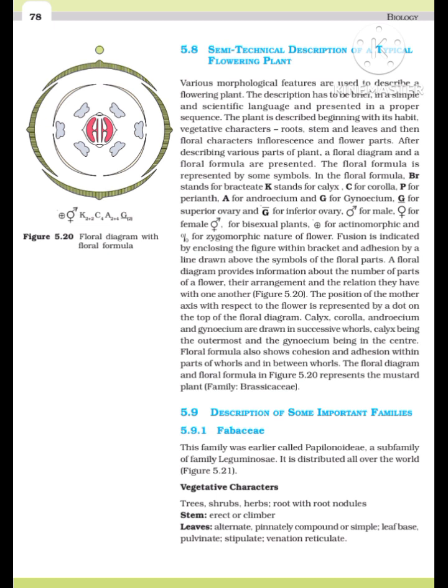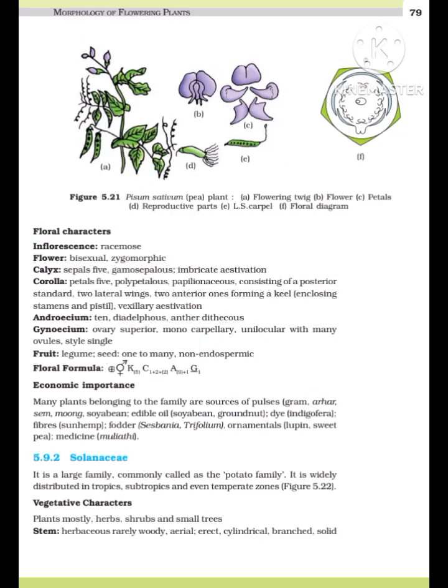Figure 5.21 Pisum sativum: A, plant; B, flowering twig; C, flower; D, petals; E, reproductive parts; F, L.S. carpel; floral diagram.